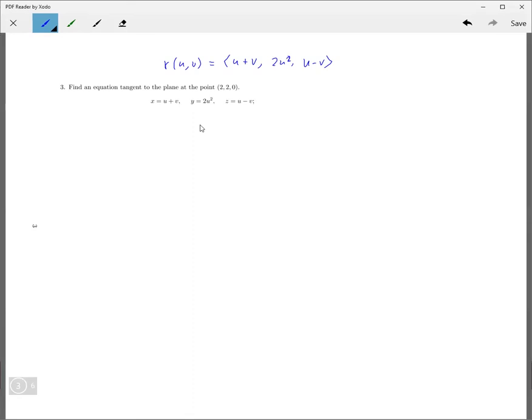Okay, so we want to find the equation of the tangent plane at that point, where x is 2, y is 2, and z is 0. To get this point, can you guess what values of u and v would get that?